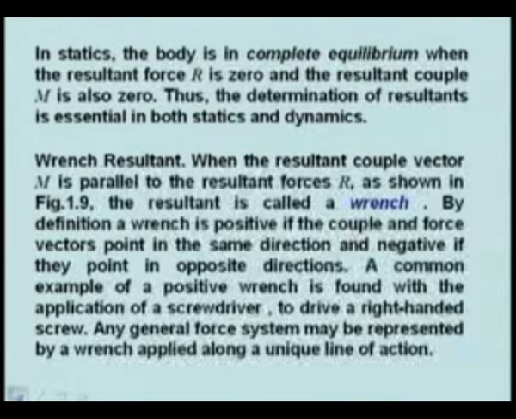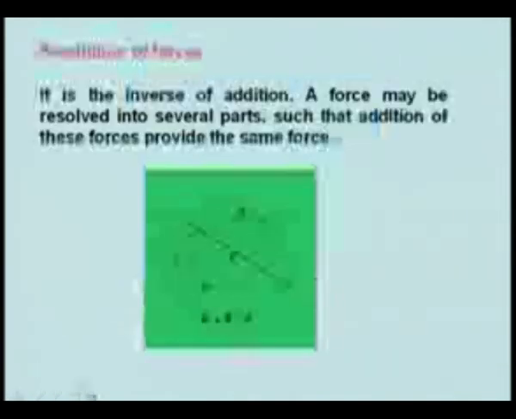When we turn a screwdriver, it applies a moment which is along the axis of the screw, and there is a thrust force which is also in the direction of the screw. Any general force system may be represented by a wrench applied along a unique line of action.